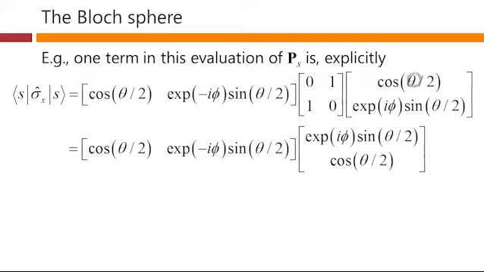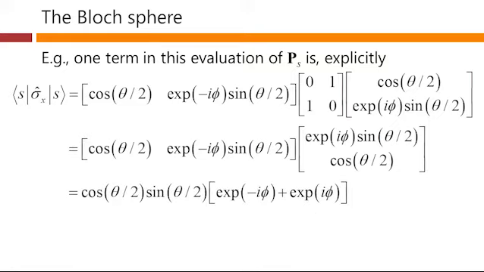So we can multiply this out, multiplying cos theta over 2 and e to the i phi sine theta over 2 into this matrix here gives us e to the i phi sine theta over 2. So that's this vector multiplied into that one. We're just left with this term. And similarly, this vector multiplied into that row there gives us just cos theta over 2. And then we can multiply this column vector and this row vector.